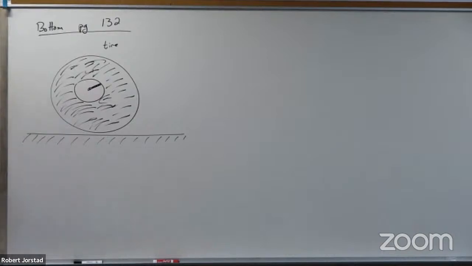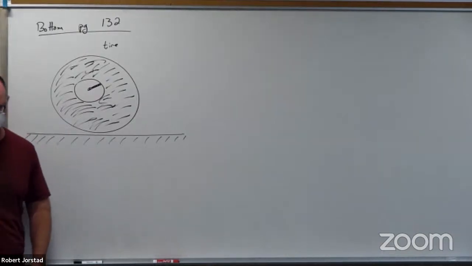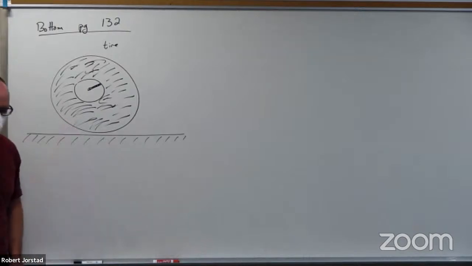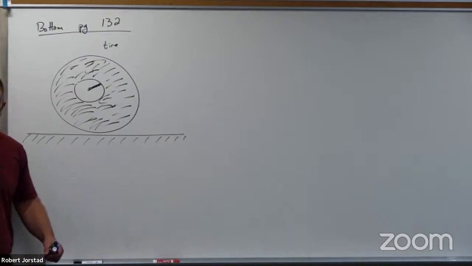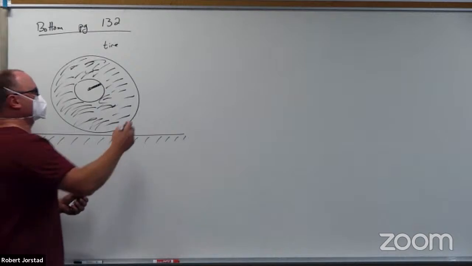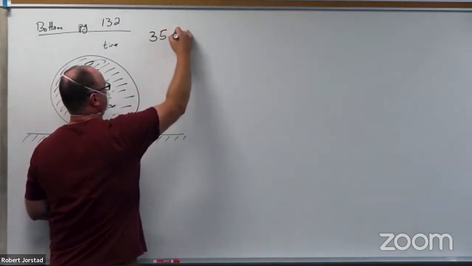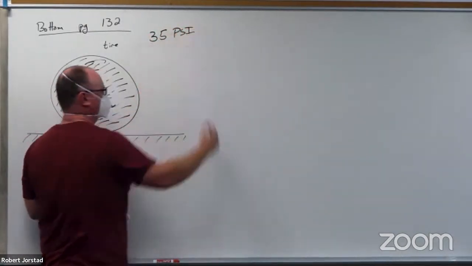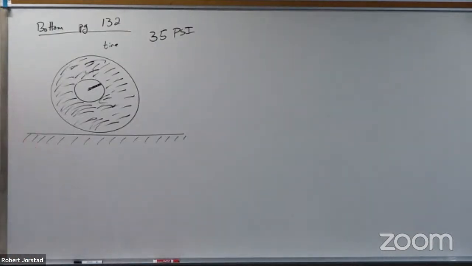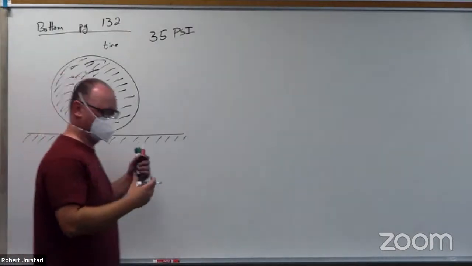Pretty good time. Okay, you have a tire. Does anybody know the typical tire pressure of a normal tire on a car? 38. What is it? 38. Okay, 38 what? PSI. So I'm going to cheat and round it to 35 PSI. Okay, you cool with that? Depends on the vehicle, depends on the tires, depends on a lot of factors.